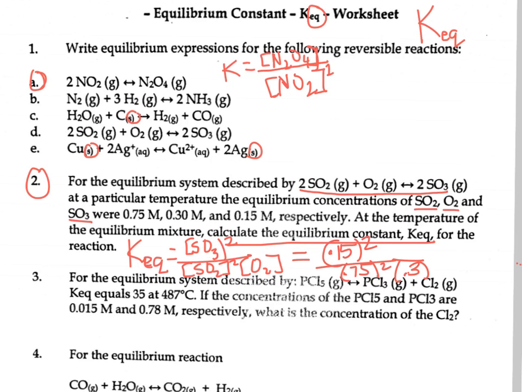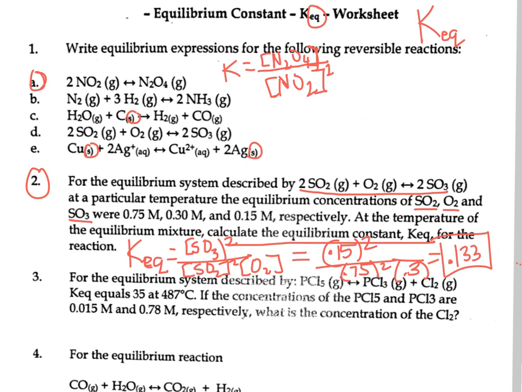All right, so then you put that into your calculator and then see what you get. All right, so let's go ahead and do that. Okay, so if you do this correctly, I got 0.133. Okay, and that is my K value.